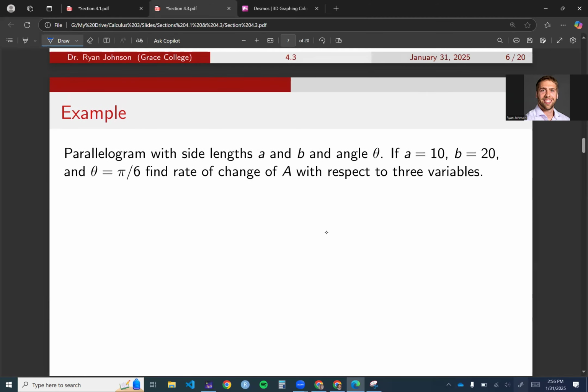Now let's say I've got a parallelogram with side lengths A and B and the angle theta. What is the area of that?